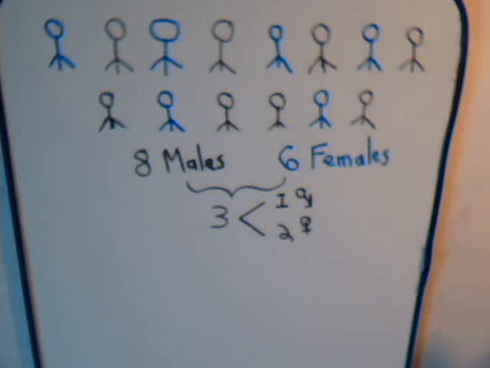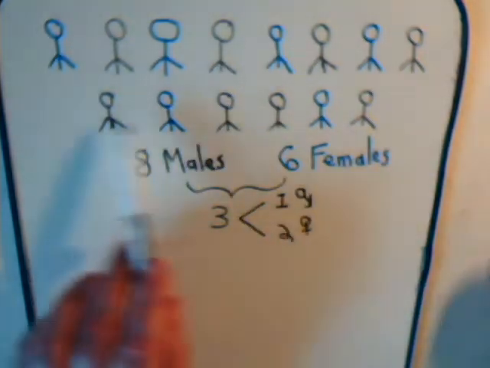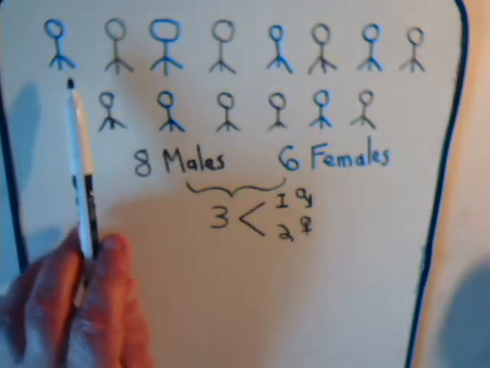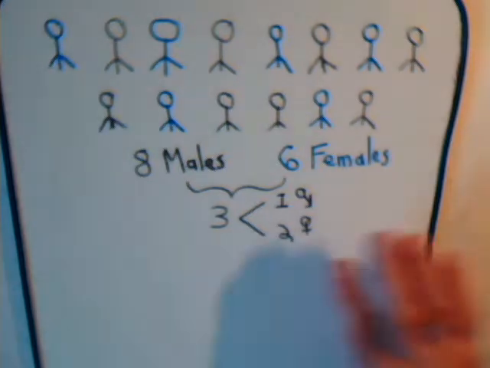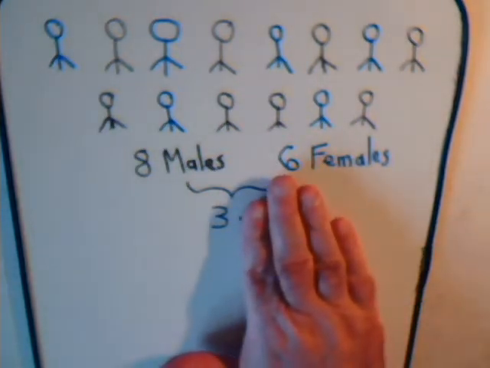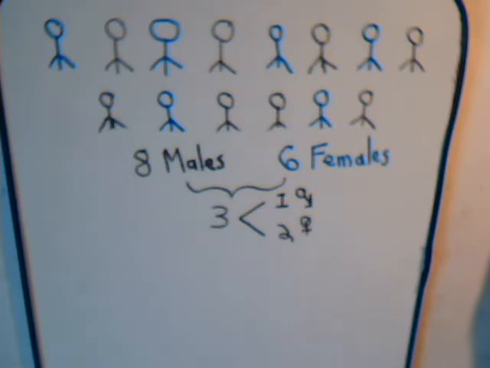Well, there are 2 things that we have to figure out. We have to determine the total number of ways that we can select 1 male and 2 females from this group. The other thing we have to determine is, if we have this group of 14 people and we just select 3 people at random, what is the total number of ways that we can do that?